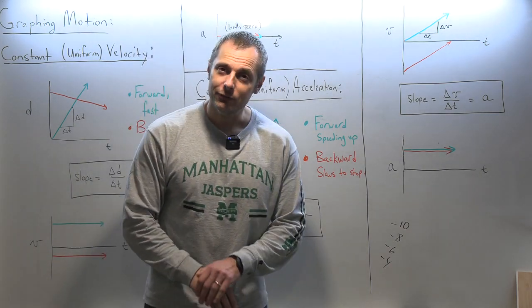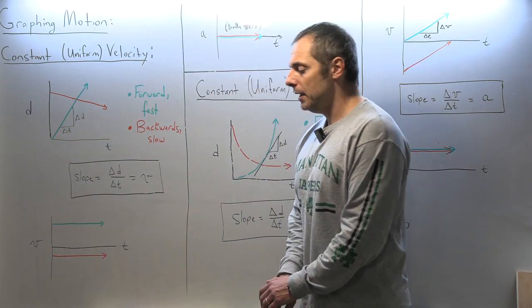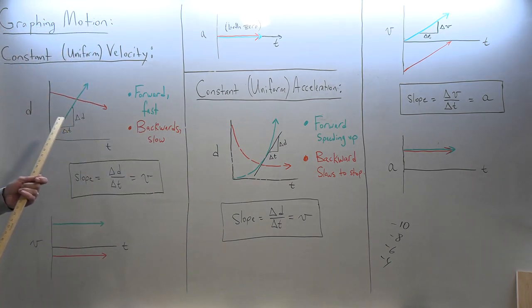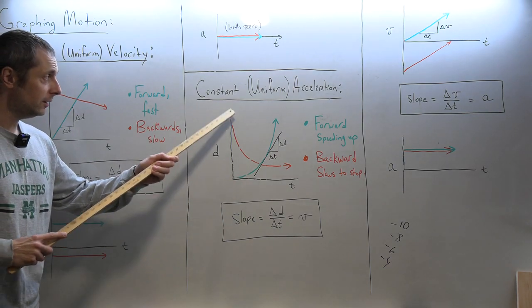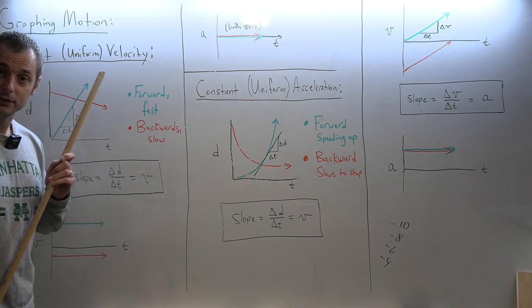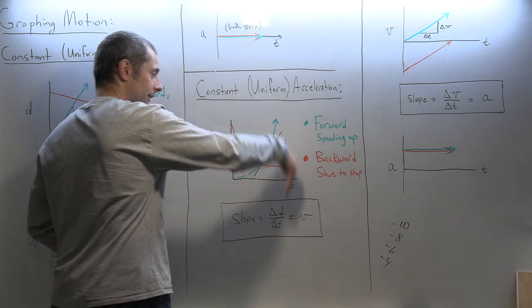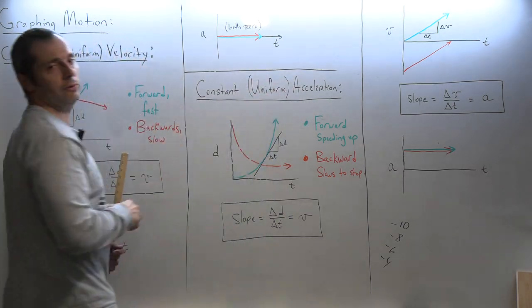So that's it for today, graphing motion. Again, what you want to be able to do is know the differences clearly. Straight lines for displacement, constant velocity, curves for displacement, accelerating. Okay? Could be a curve like this, like this, like this. Doesn't matter. If it's a curve on the displacement, it's accelerating.